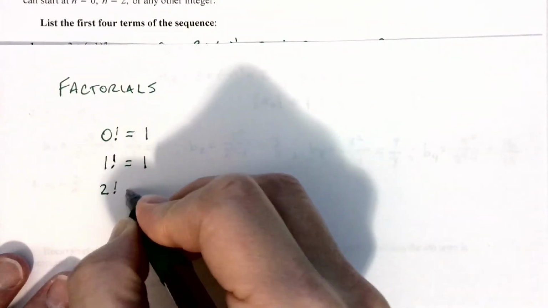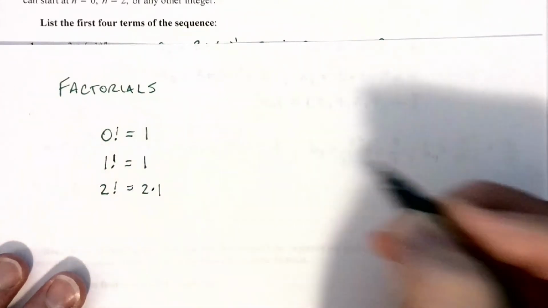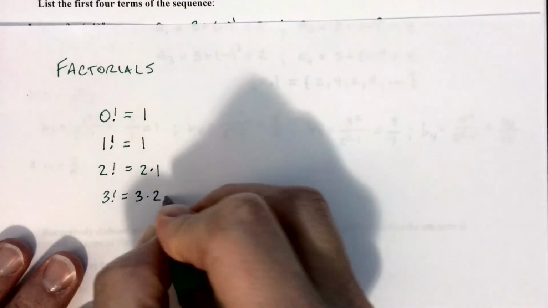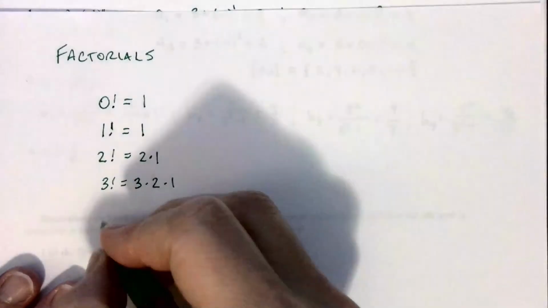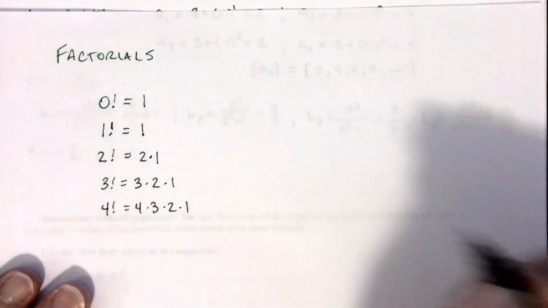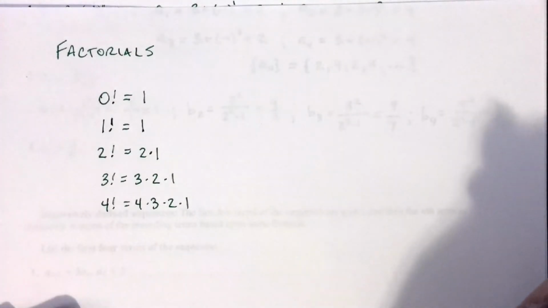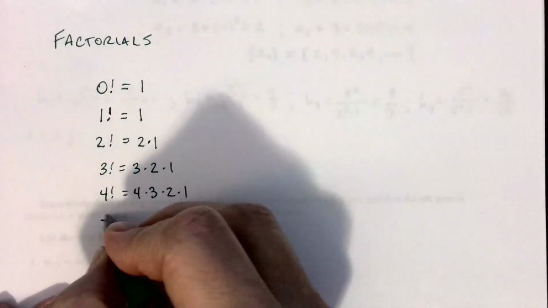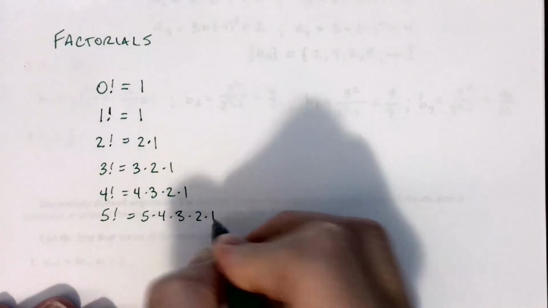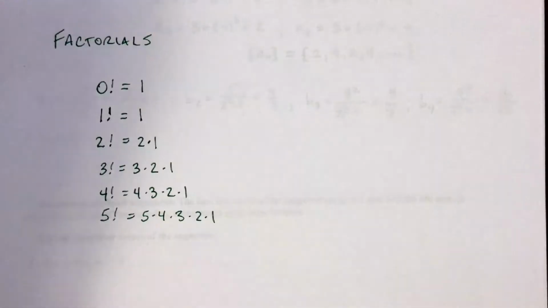2 factorial is 2 times 1, which of course is 2. 3 factorial is 3 times 2 times 1, which is 6. 4 factorial is 4 times 3 times 2 times 1, which is 24. Sorry, I can't multiply today. 6 times 4 is 24, excuse me. 5 factorial is 5 times 4 times 3 times 2 times 1, which is 24 times 5, and so on.